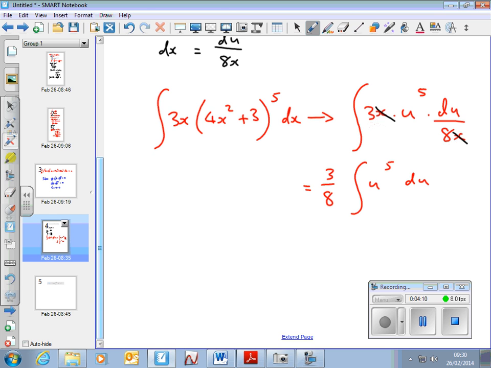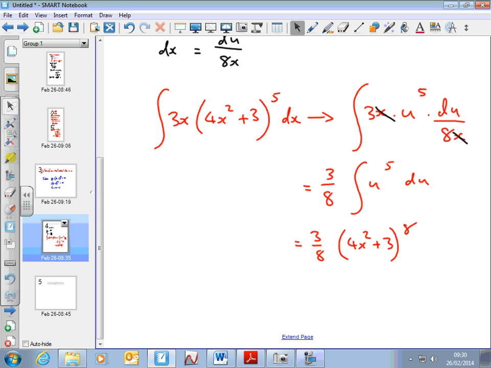So it equals 3/8 of u, which is 4x squared plus 3, to the power 6, divided by 6, plus c.